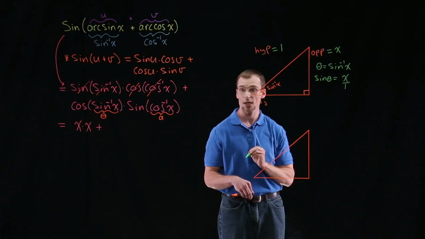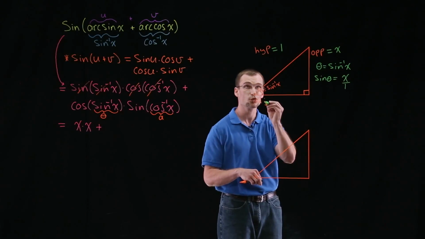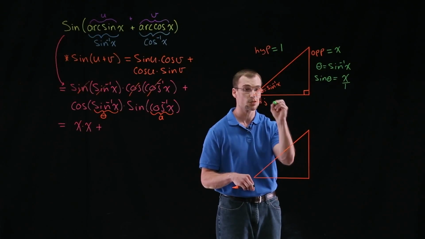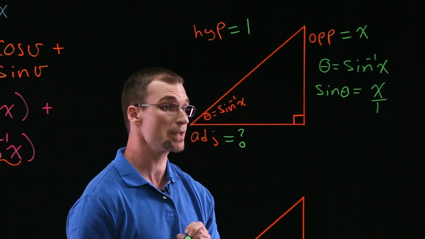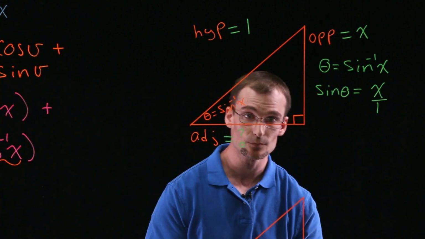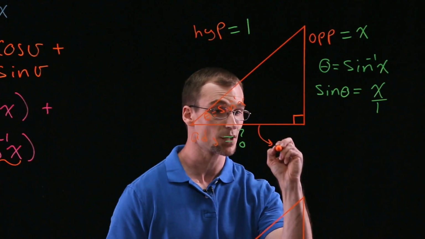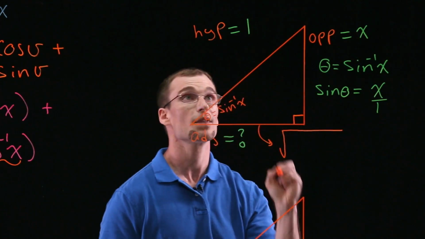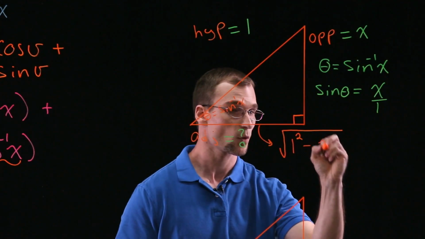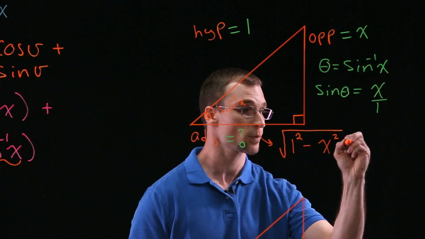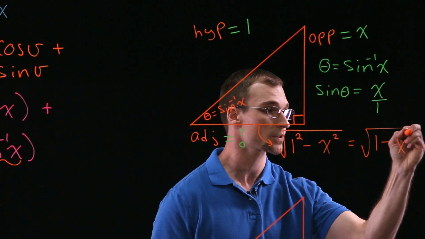So how does that help us? Well, what we want again is cosine of theta. And cosine is adjacent over hypotenuse. So if we can find the adjacent, then we can find the cosine. So what is our adjacent side? Well, the adjacent side, using the Pythagorean theorem, is just the square root of the hypotenuse squared, 1 squared, minus the other leg squared, or minus x squared, which is square root of 1 minus x squared.